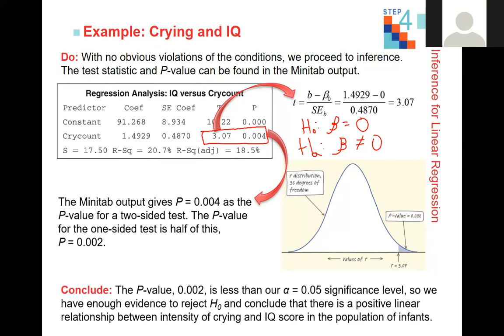Now, you can also plug into the formula this way and do the tcdf that way, but also this table will give you some of that information. Again, that's only when we're centering our null hypothesis at the slope being 0 versus the slope being less than, greater than, or not equal to 0.